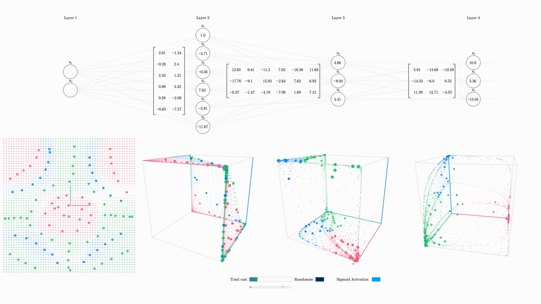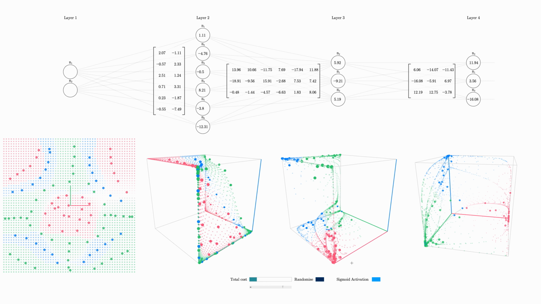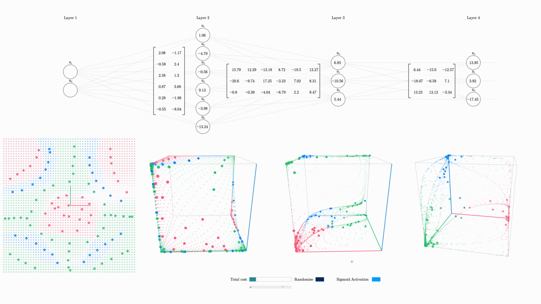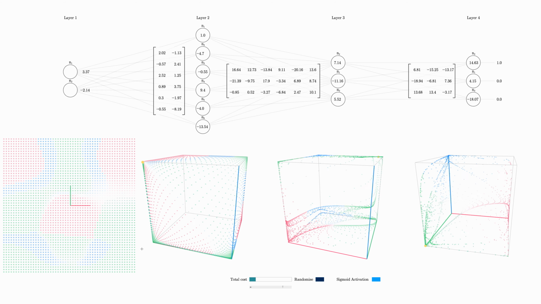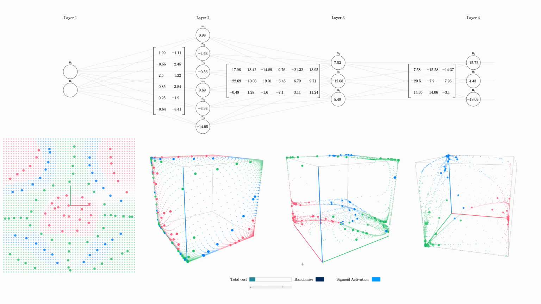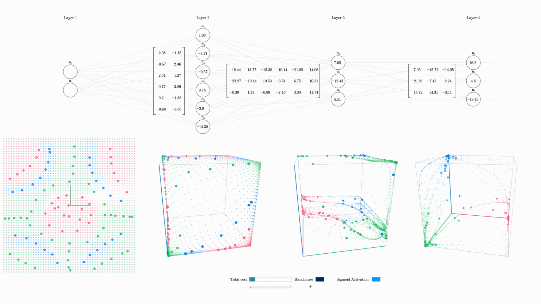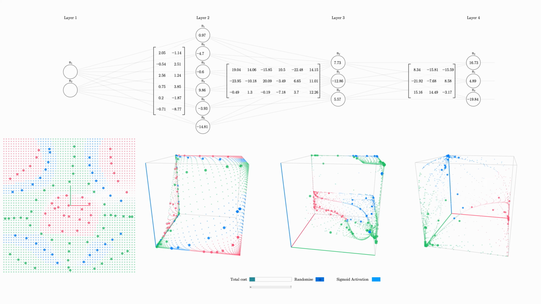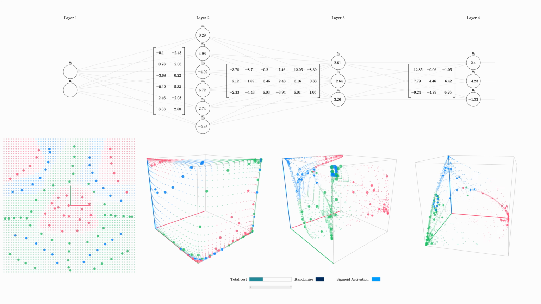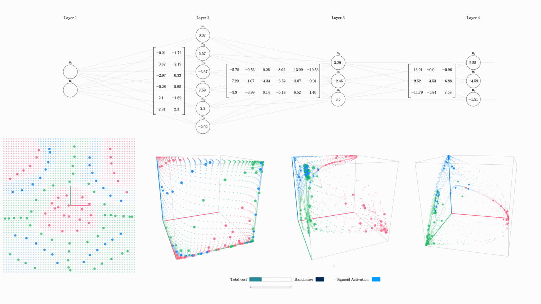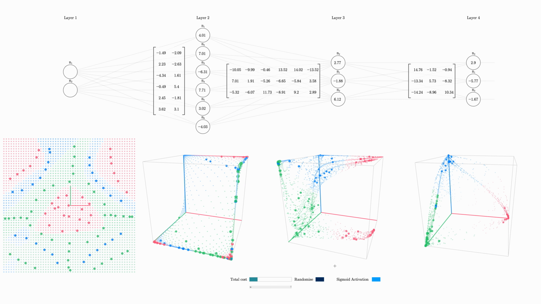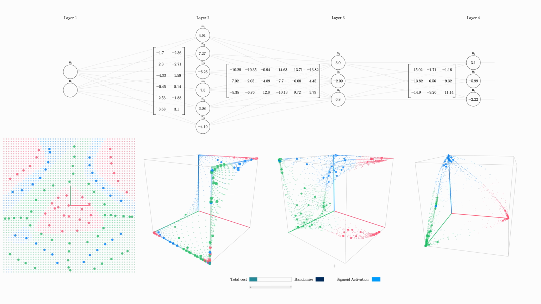As you can see, our network is doing pretty well, considering that we still do not have many neurons in our layers, and that the arrangement of our input data is quite complex. Let's try other initial conditions. Well, it looks like it's definitely getting there.